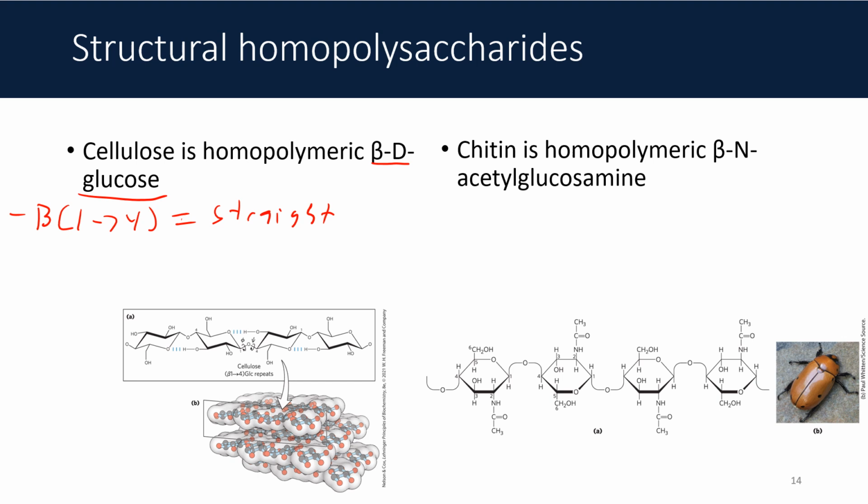The linear beta glycosides are again going to recruit adjacent hydroxyl groups to hydrogen bond in a way that stabilizes the formation of fibrils. These are not flexible like a coil, but rather stiff like bricks.